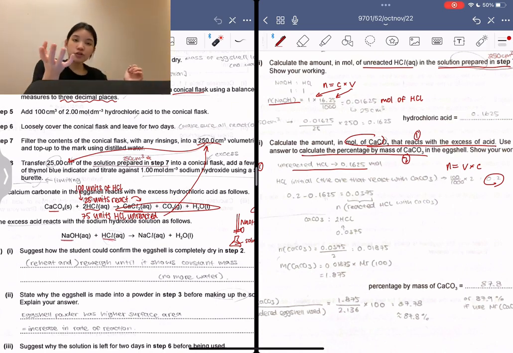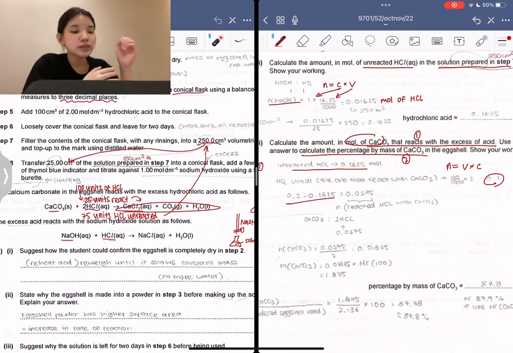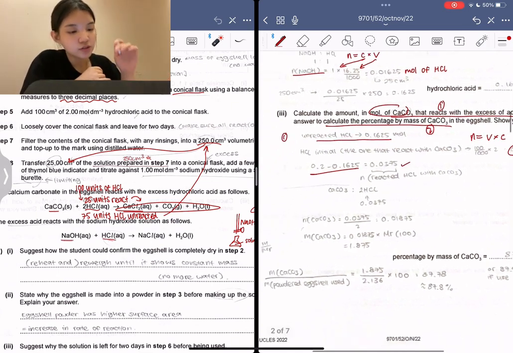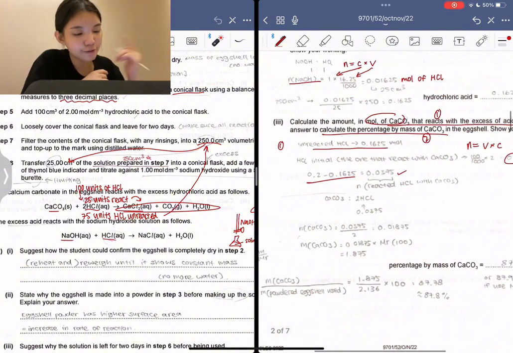Then 0.2 you minus the unreacted HCl, 0.1625, to form the HCl reacted with CaCO3, which is 0.0375. So this is your answer to the first question.